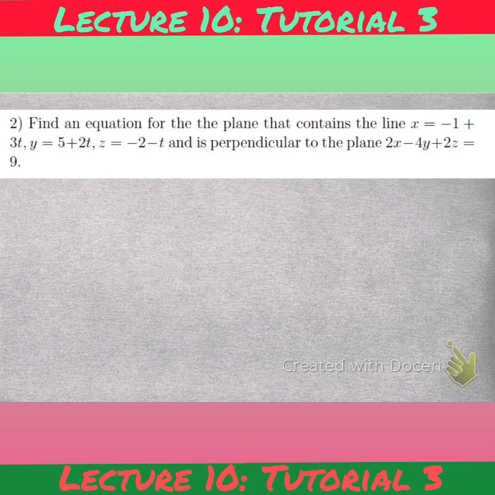Okay, so the question asks, find an equation for the plane that contains the line x = -1 + 3t, y = 5 + 2t, and z = -2 - t, that is perpendicular to the plane 2x - 4y + 2z = 9.